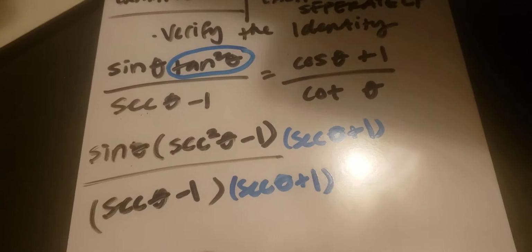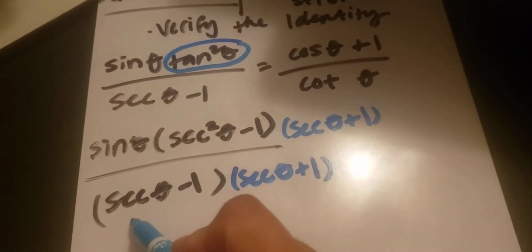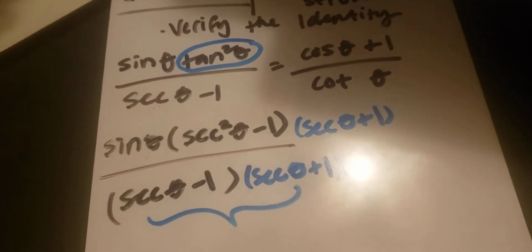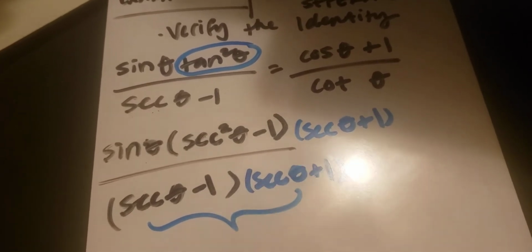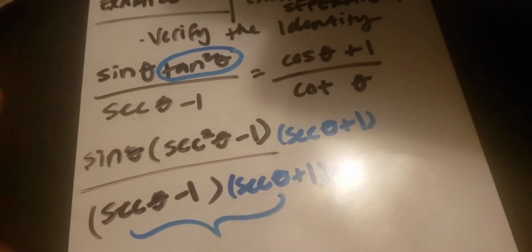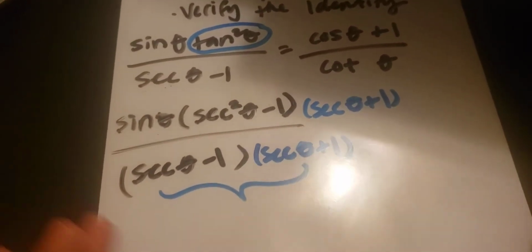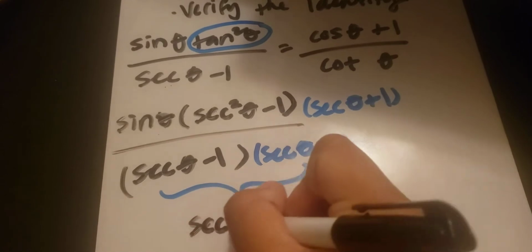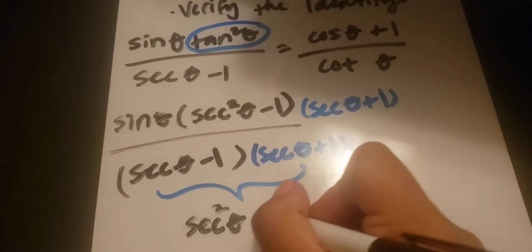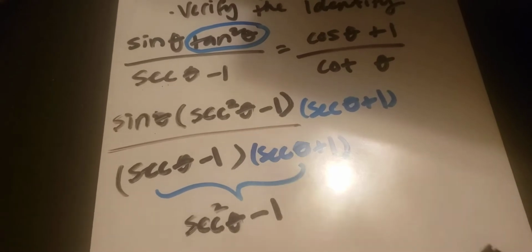The other thing is I can FOIL the denominator, and I will end up with secant squared theta minus 1. So it's the difference of squares.